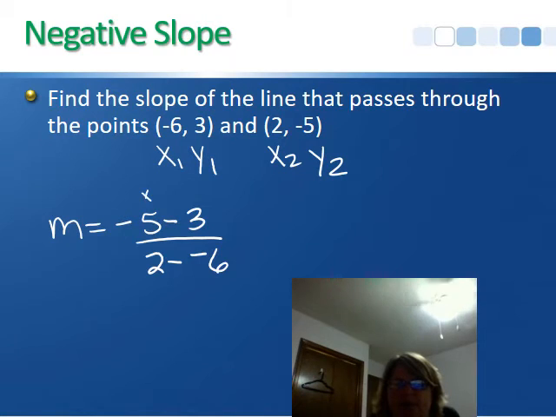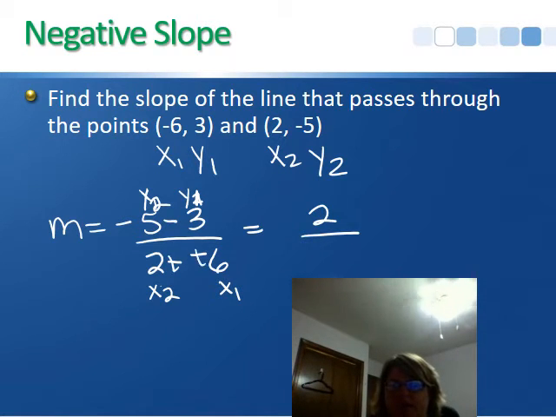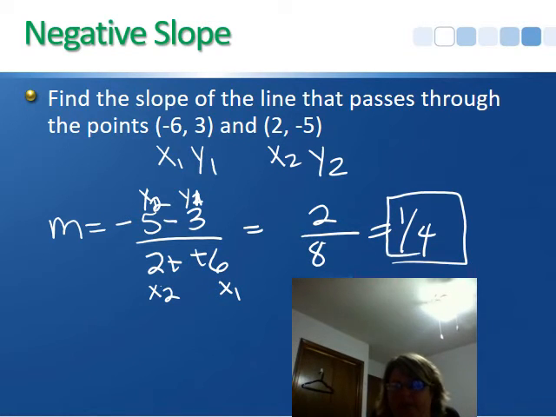Let's try that again. This is y sub 2. This is y sub 1. This is x sub 2. This is x sub 1. So we have negative 8 over a positive 8, reduce it to negative 1. And we're winners.